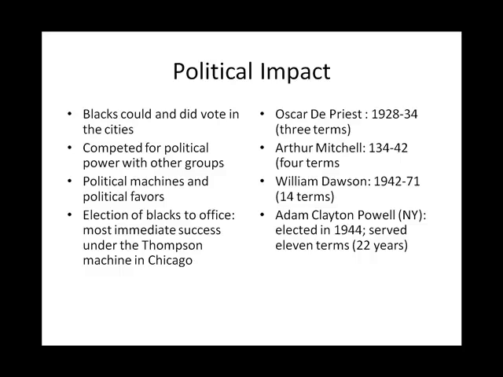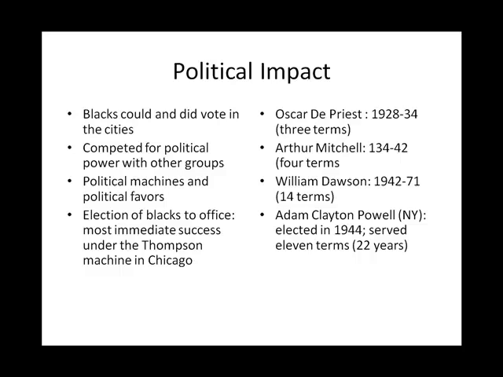They compete for political power with other groups. They learn how political machines operate in some of the bigger cities in the North, like Chicago or New York. They come to understand what political favors mean in the operation of these political machines. And most importantly, we begin to see the election of blacks to political office.